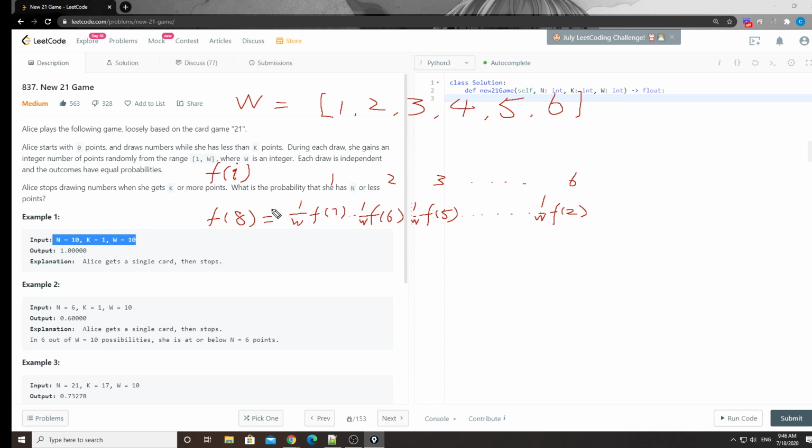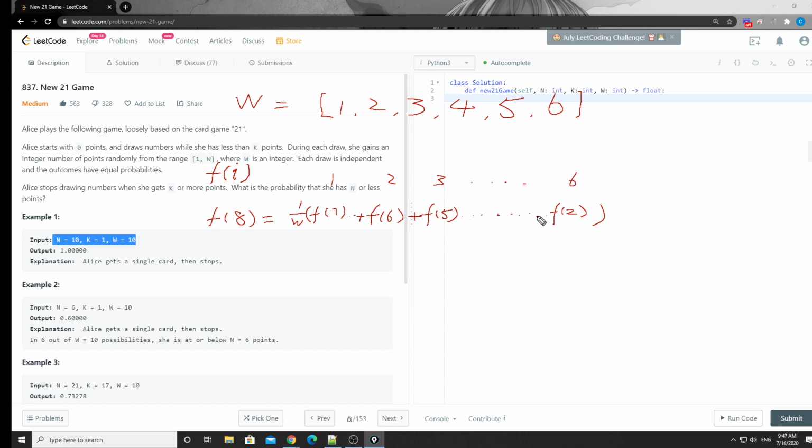the total probability of getting to 8 will be the sum of all the probabilities. And since each of them will be multiplied by 1 divided by W, we can simply factor 1 divided by W out, so we can just do this, with a plus in between.